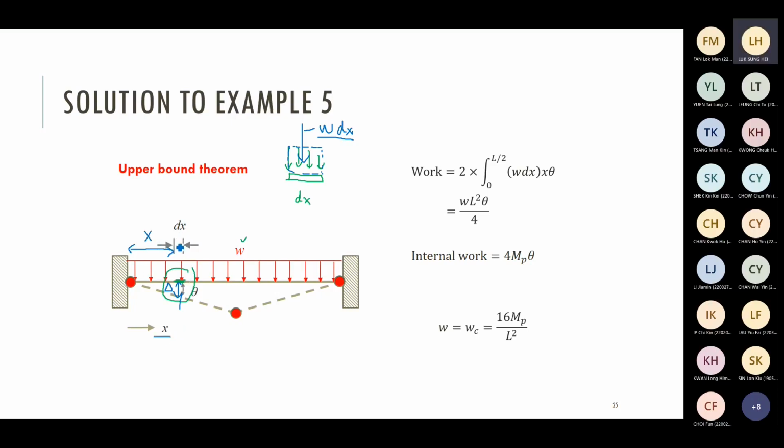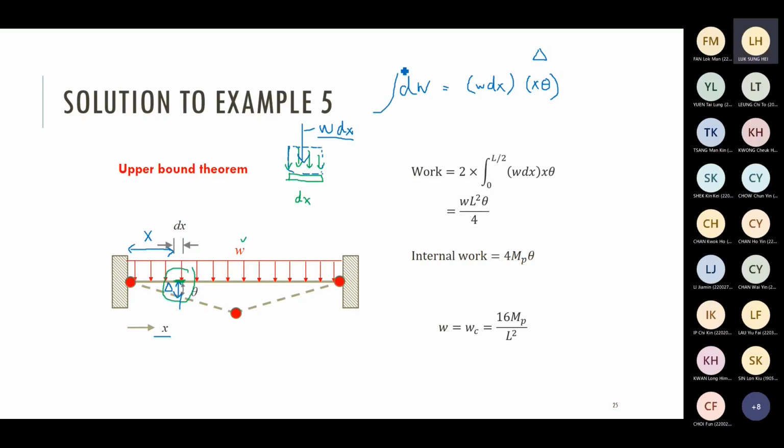The radius of this circle is x. The rotation is theta. So the work done for this small element is equal to the force, W dx, times the corresponding displacement, x theta. This is the work done for one small element.